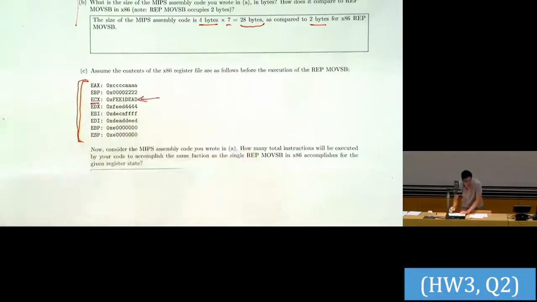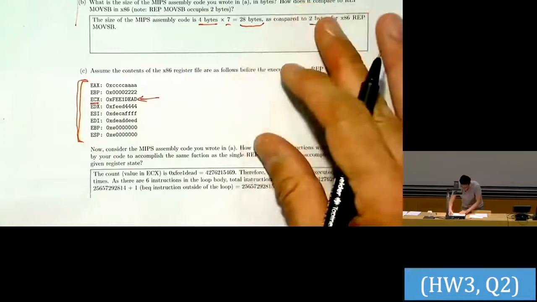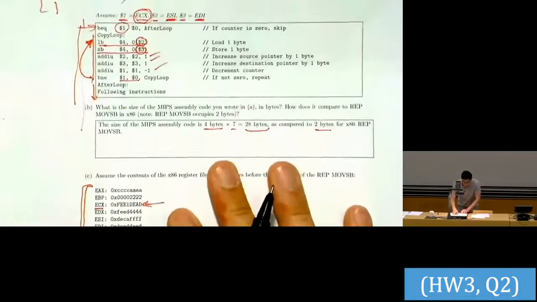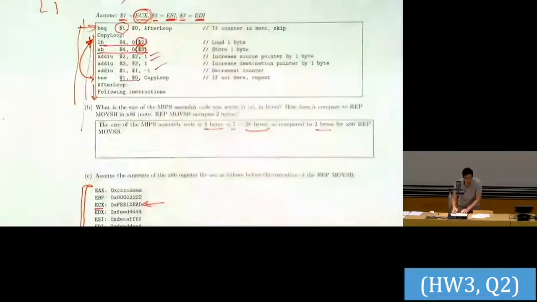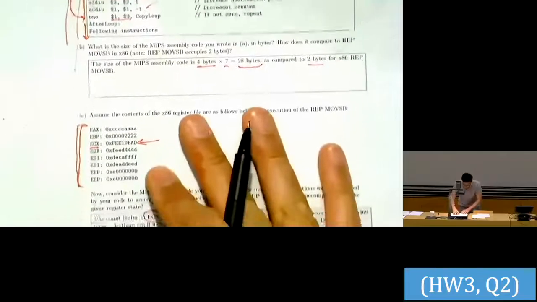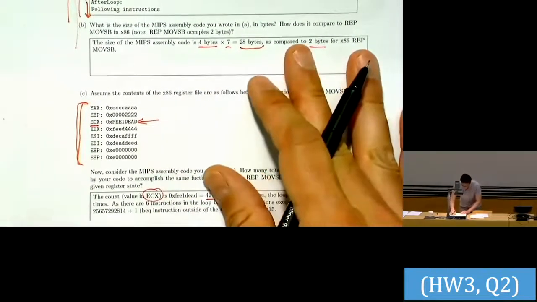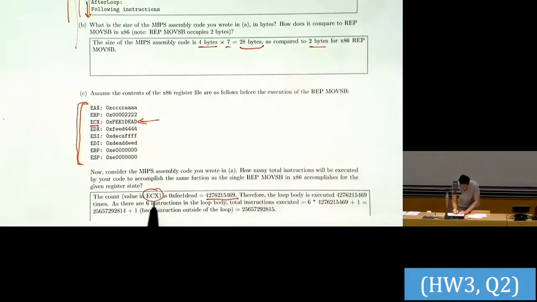The given register state is this one here, and as you can see, this register ECX has this value. This is hexadecimal representation, but if we convert it to decimal, it is this number here. The ECX register tells us the number of times that this loop is going to be repeated, the total number of bytes that we are copying, and the body of the loop has 6 instructions.